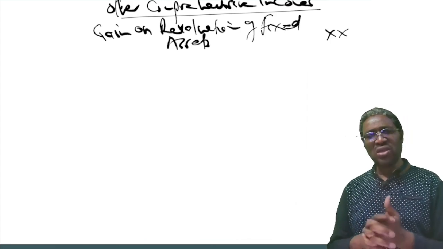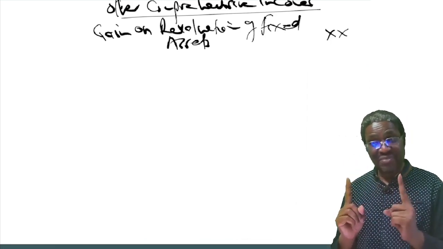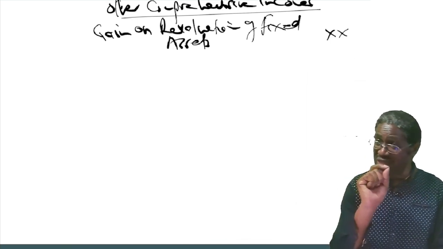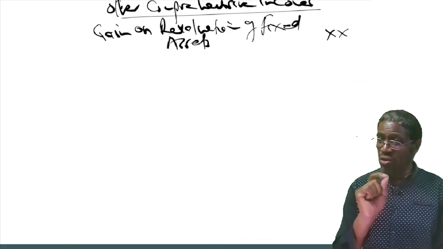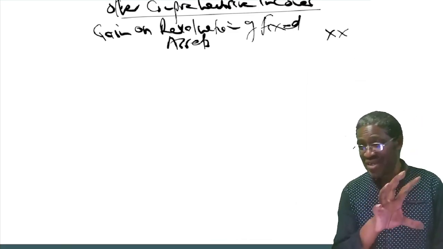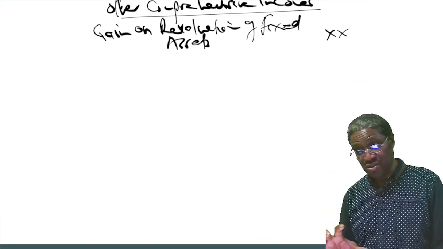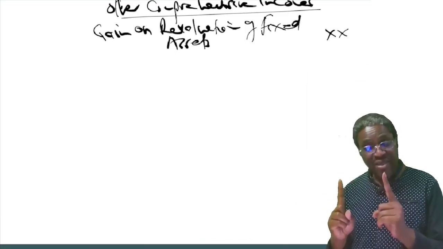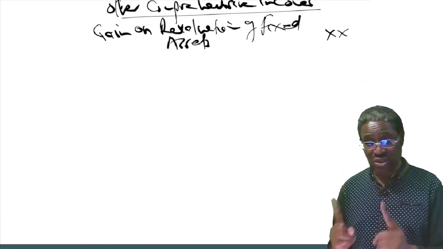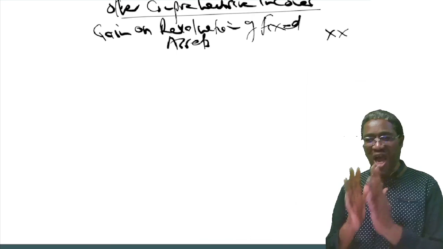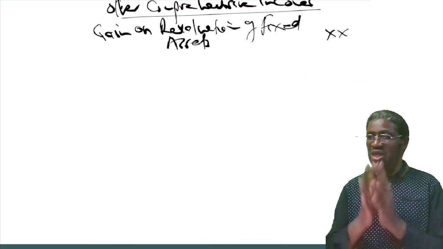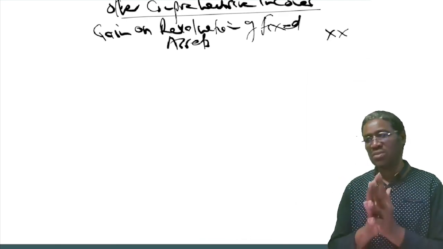The point is, somewhere you will be required to translate your figures from the local currency to foreign currency, or foreign currency to local currency. Somewhere you will have to translate those foreign currency transactions into your local currency.